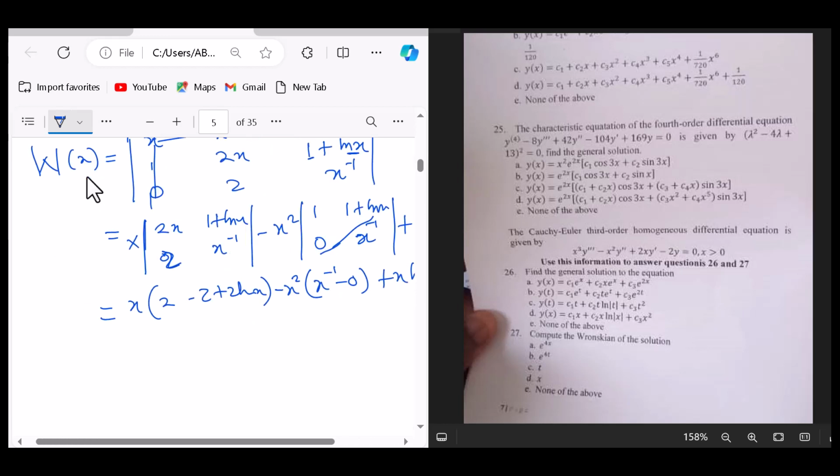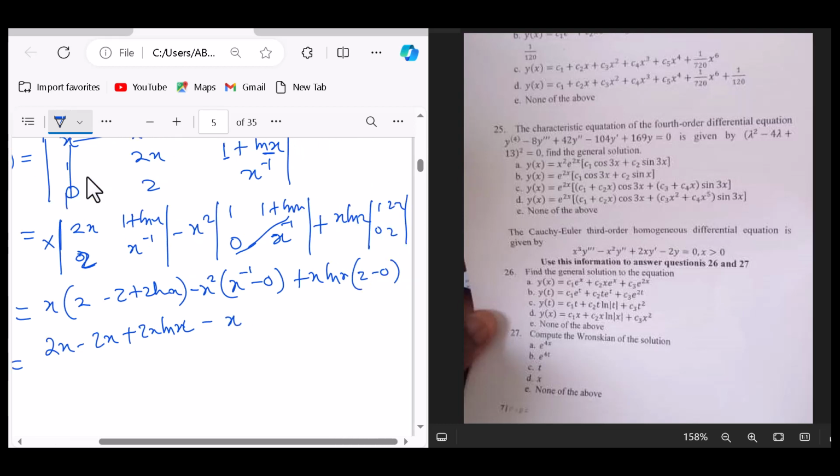So here I'm going to get 2x minus 2x plus 2x ln x minus x plus 2x ln x. Is this minus?